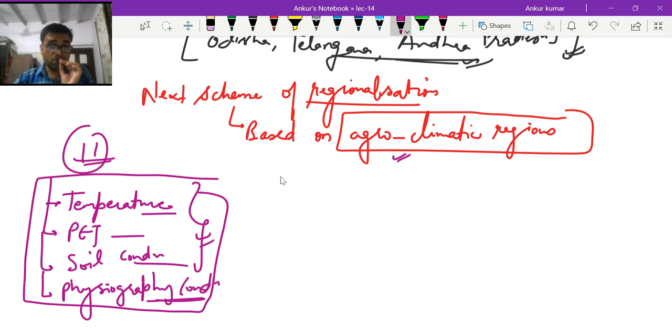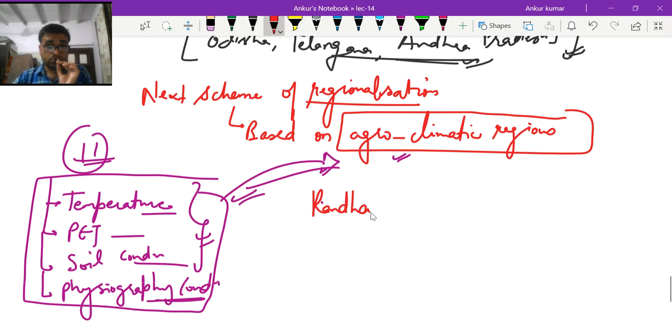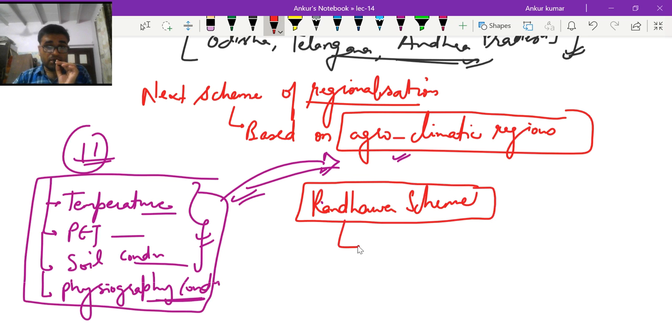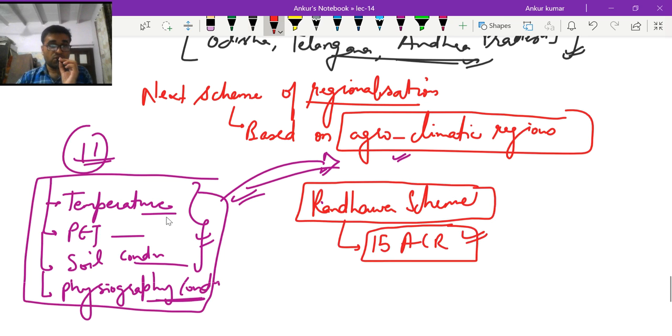One micro scheme based on these factors, the agroclimatic regions, was given by Randhawa. He divided India into 15 agroclimatic regions, 15 ACRs. Which were these 15 ACRs?